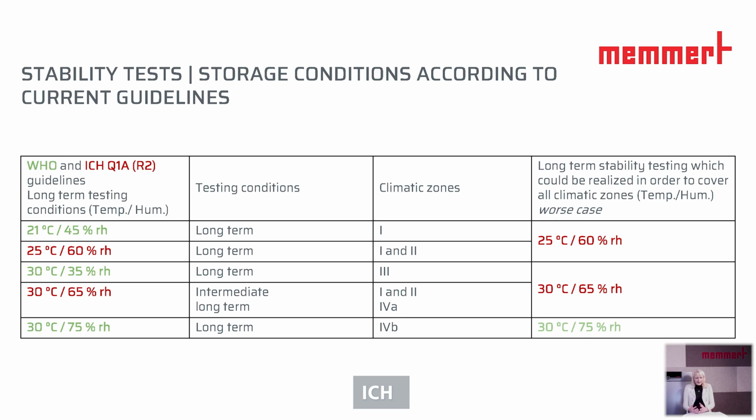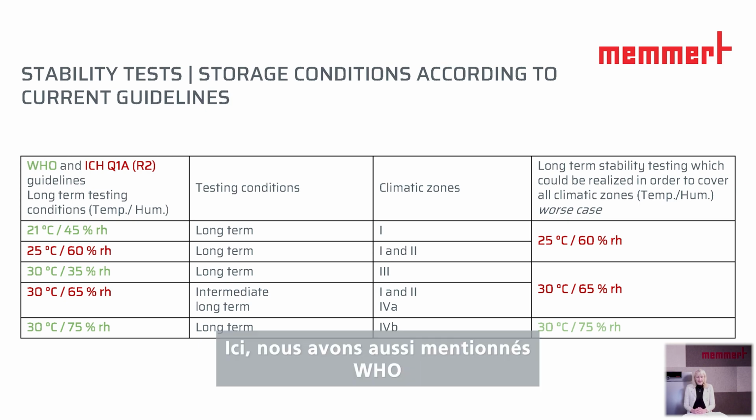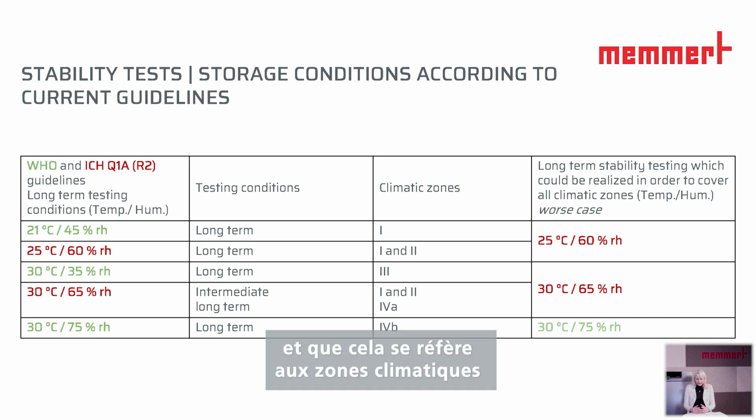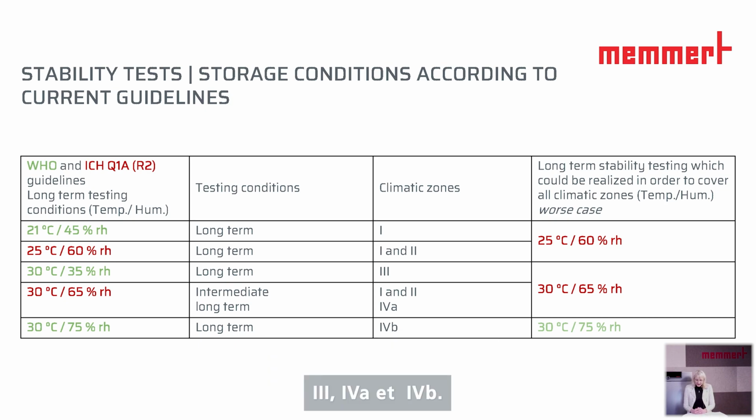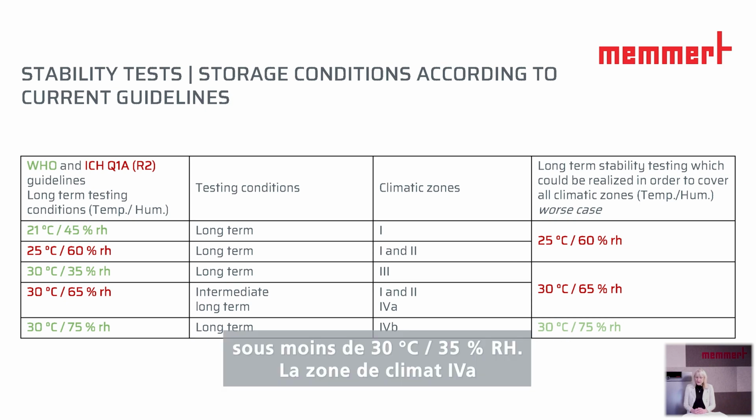The ICH guideline covers climate zones 1 and 2. Here on this chart we can see the different climate zones available on the globe, and here we have also mentioned WHO, which refers to climate zone 3 and to 4A and 4B. Climate zone 3 is hot and dry, and here the testing shall be done at 30 degrees and 35% RH.